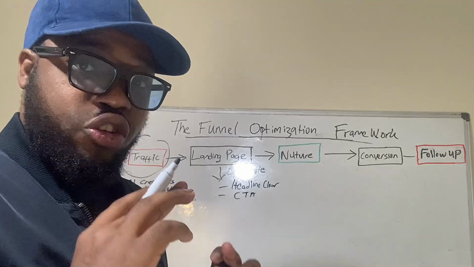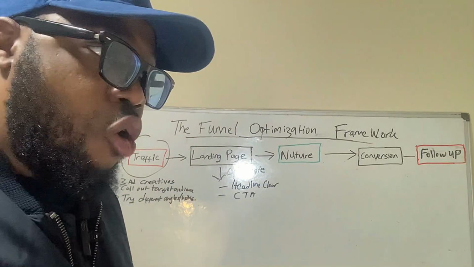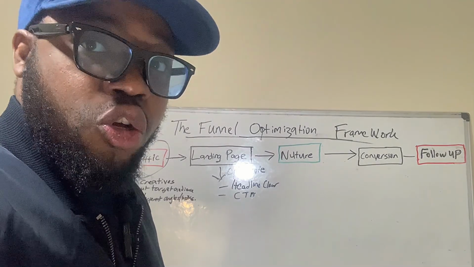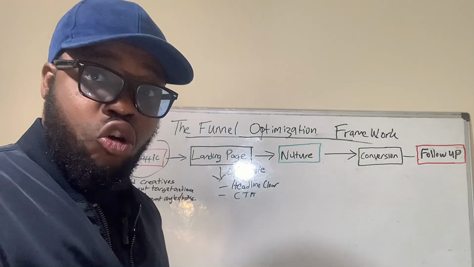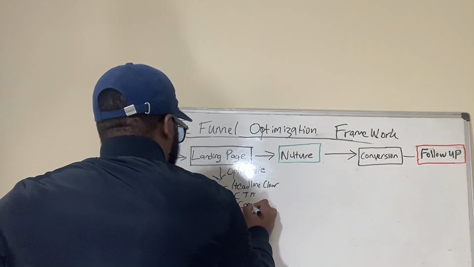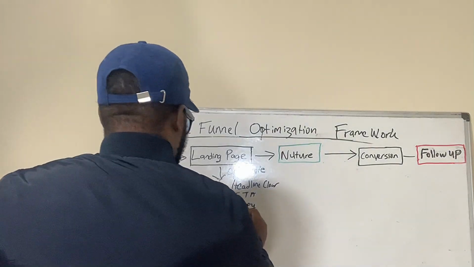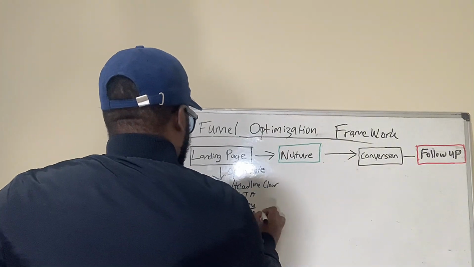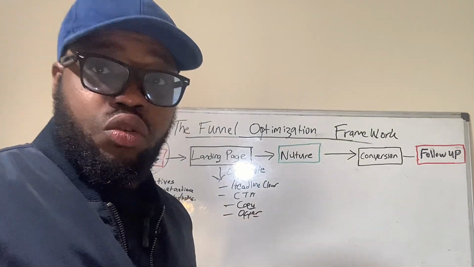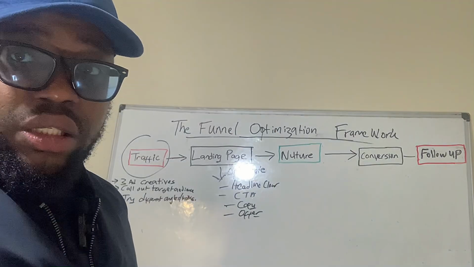Your copy has to be optimized for conversion, so you have to check your copy and also check your offer. It depends on which type of funnel it is. But you have to check out these things to increase your opt-in rate.